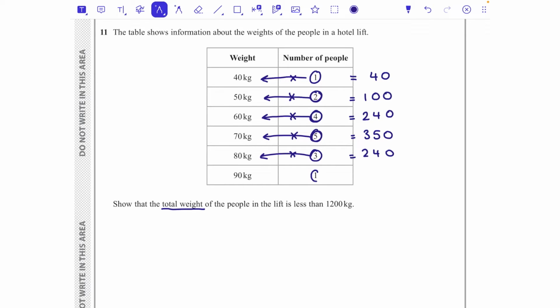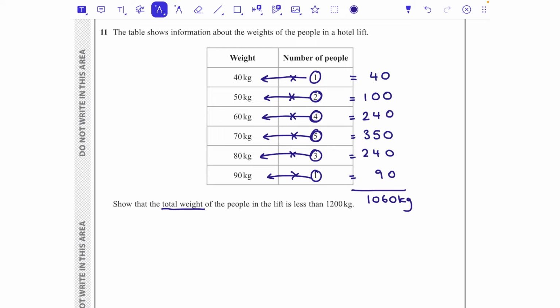And then I've got one person who weighs 90, and that is 90. We're then going to add all of that together. And again, you have got a calculator here. So 40, add 100, add 240, add 350, add 240, add 90 is going to add up to 1,060.